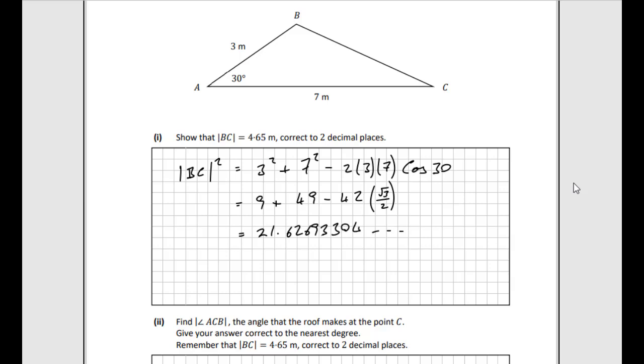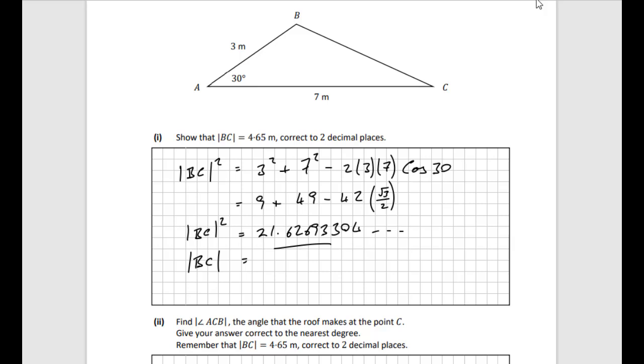It goes on and on. So remember, that's BC squared. So we've got to work out BC. And when you work that out, in other words, just square root this thing here, you will get to two decimal places 4.65 meters.